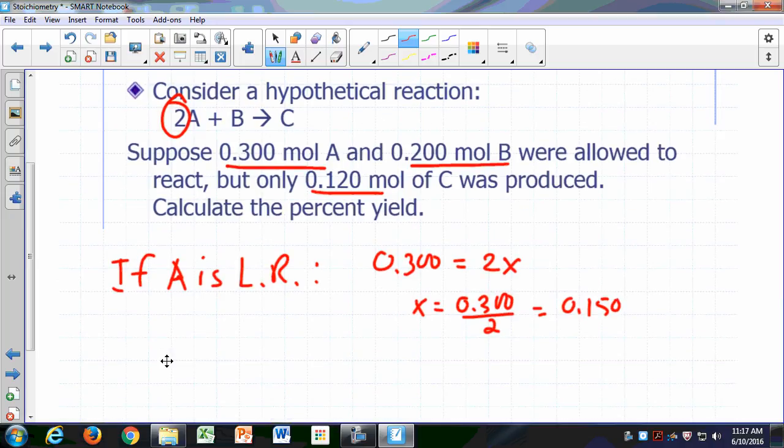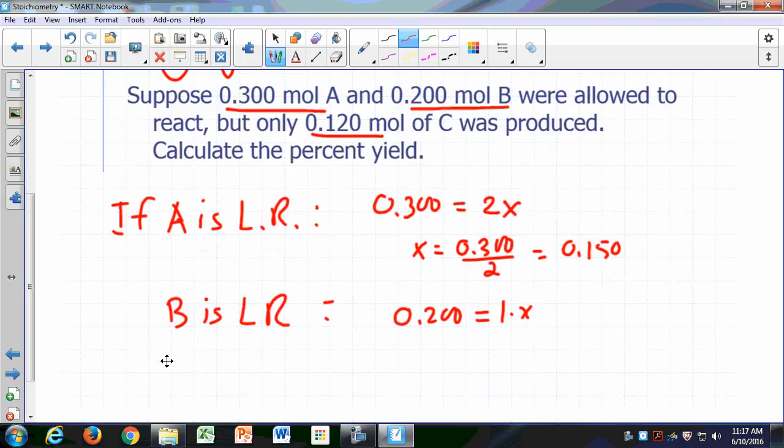If B is the limiting reactant, then you're going to use up the 0.200 moles of B, so that's going to be equal to 1x. So our extent of reaction is going to be the amount of B, 0.2 moles, divided by the coefficient of B, which is 1, which is going to be 0.200 moles.